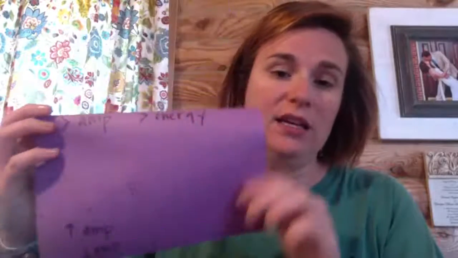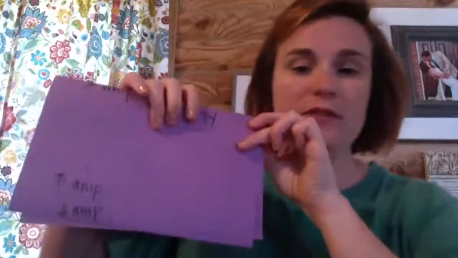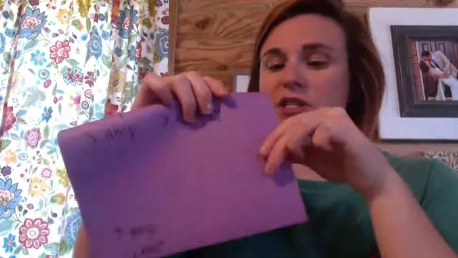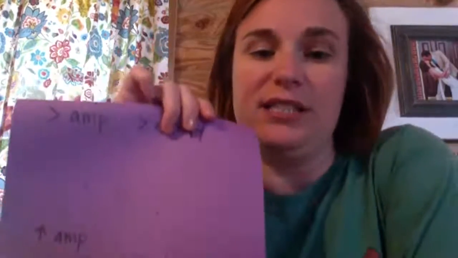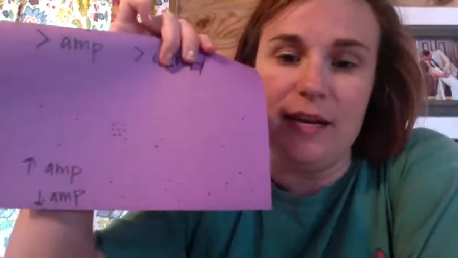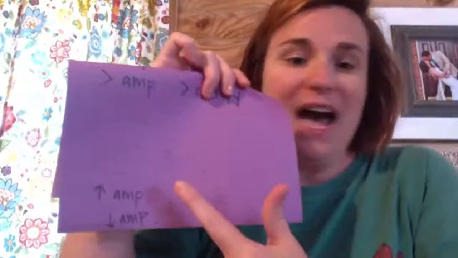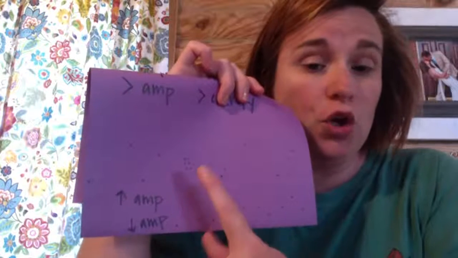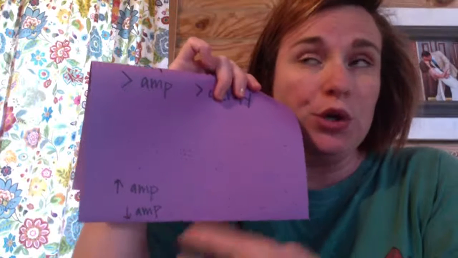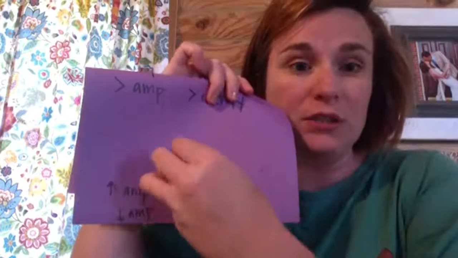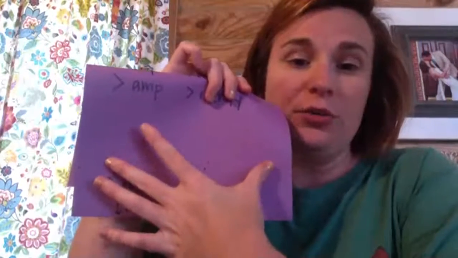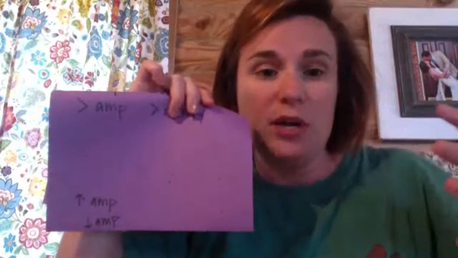When we look at our longitudinal waves, we're going to do the same thing. We're just going to look at our compressions and rarefactions instead. For a high energy wave that's longitudinal, you want your compressions to be real close together, and you want your rarefactions to be really spread out.